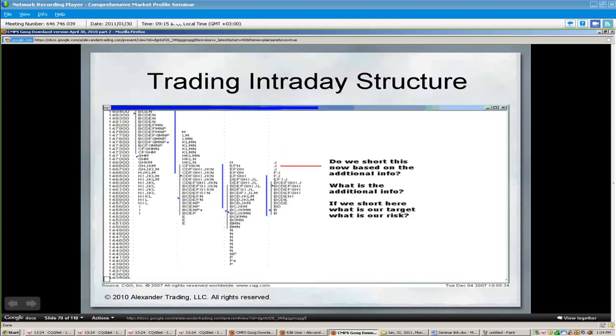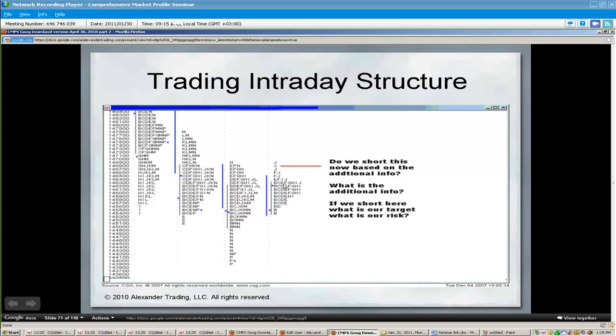All right, now would you short the trade? No. What is this? You've got to train yourself, when you're looking at a market, don't just look at this.